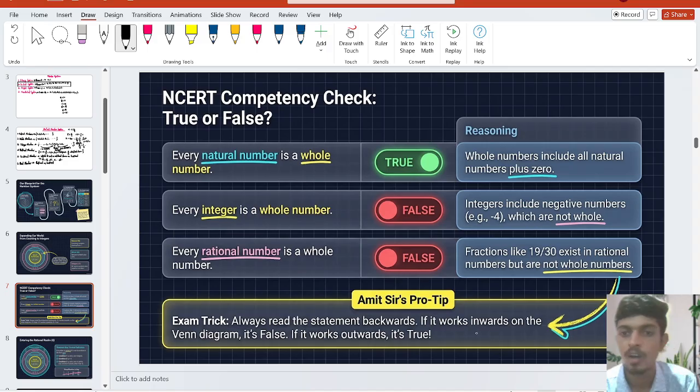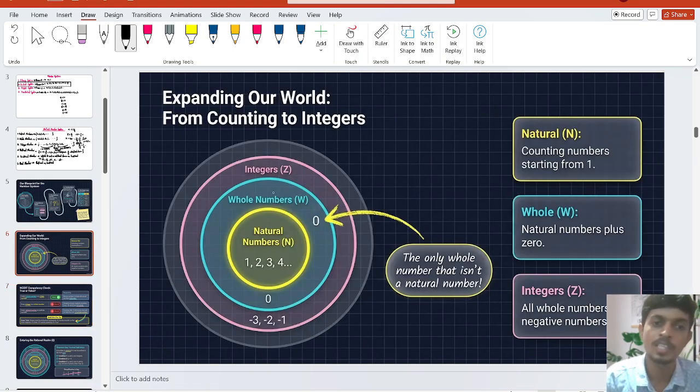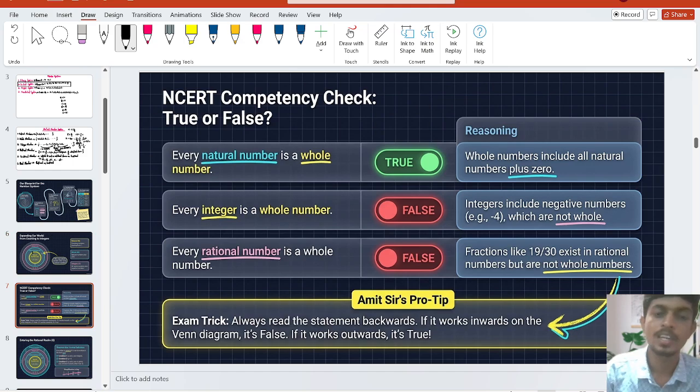If it works inwards under the Venn diagram, it is false. If it works outward, it is true. So what is this? If you say every whole number is a natural number, it goes back inward. Every natural number is a whole number.